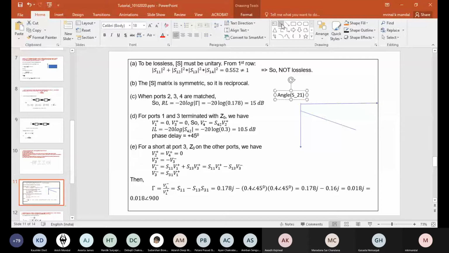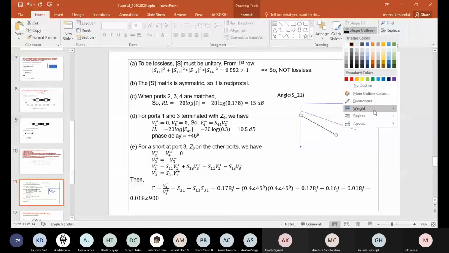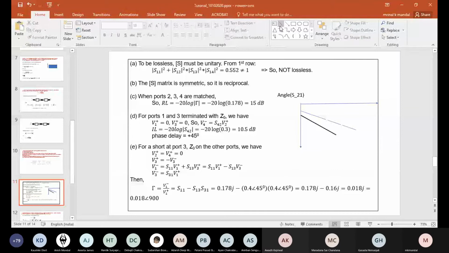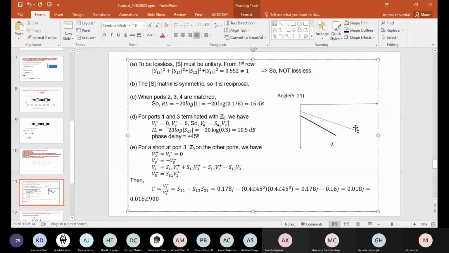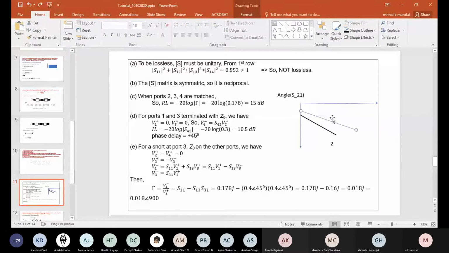Now, I am drawing for another one. This is, let's say, case 2. And the first one is case 1.